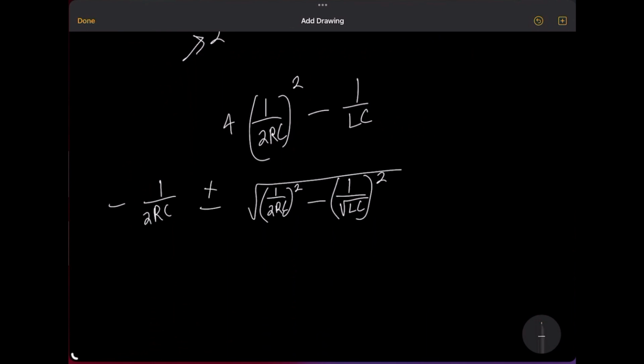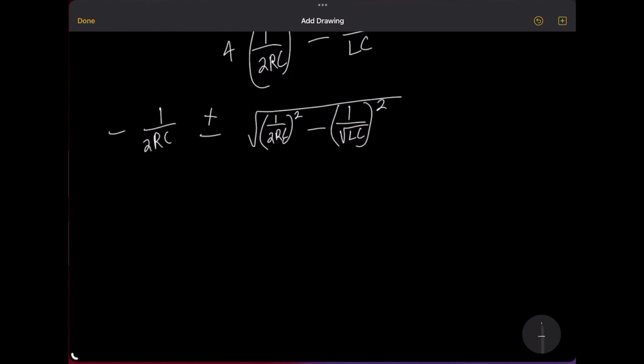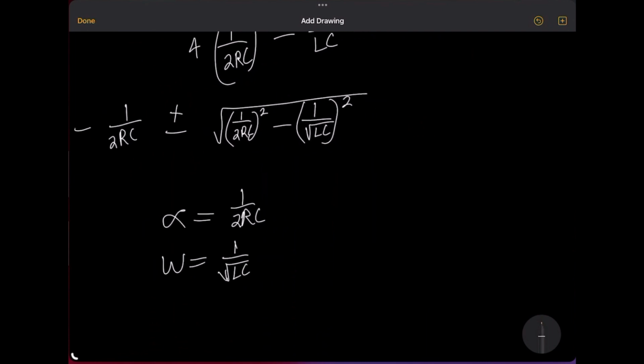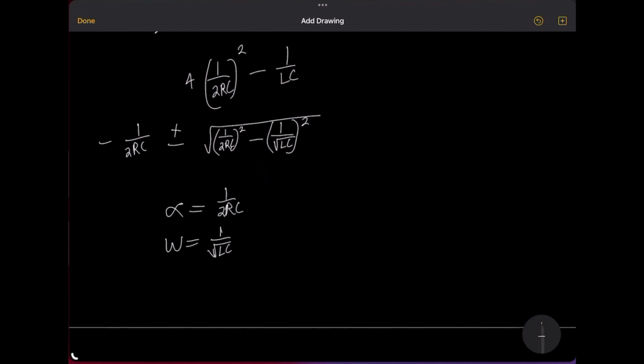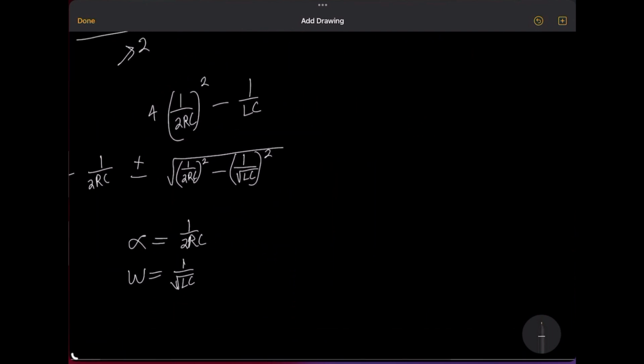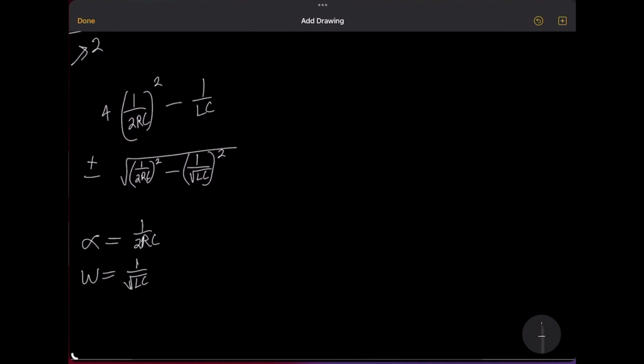Plus or minus. And how you derive it is alpha is equal to 1 over 2RC. Omega is equal to 1 over root LC. Okay, and that's how it's derived. So we know what alpha and omega are going to be.